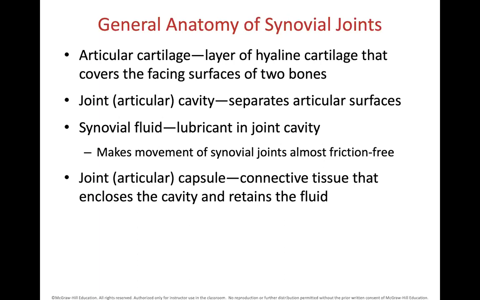Synovial fluid helps to lubricate the joint cavity, so it allows for fairly friction-free motion. Friction is going to cause issues. It can cause bone spurs. It can cause a lot of pain. So the less friction between bones, the better. So that's where synovial fluid comes in.